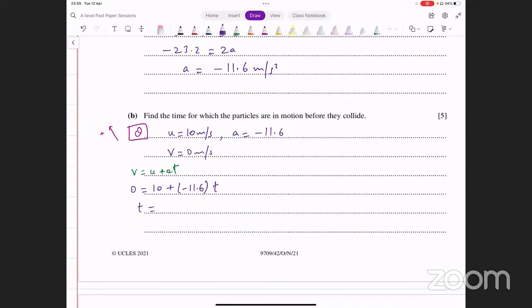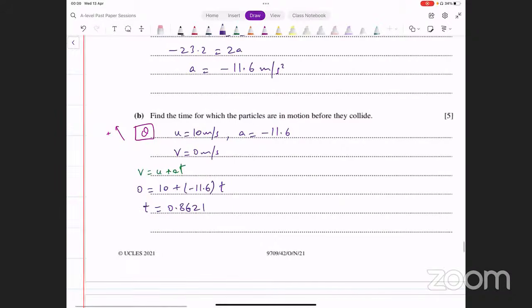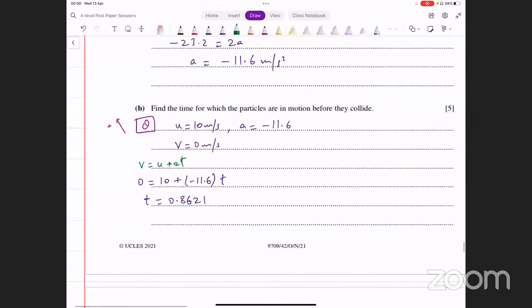What's that? 10 over 11.6. 0.8621. That's what I'm getting. Okay? At least 4 significant figures रखने हैं आपने working के अंदर. This is the time instant at which Q reaches its maximum point, maximum height.